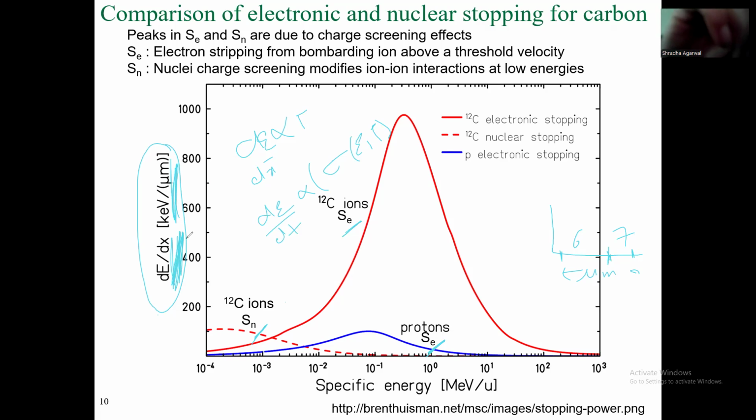Here, you should recall when we talked about our Bethe-Bloch formula in the beginning. And then here, this is again inverted because this is M E by U. And here it is losing its nuclear stopping power in the beginning, where it is following that kind of tendency, right? It's the same thing. You can correlate. It's not a big deal.